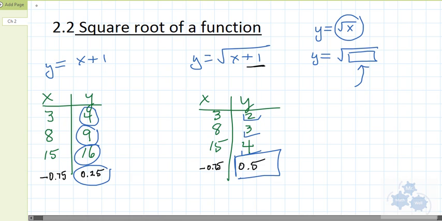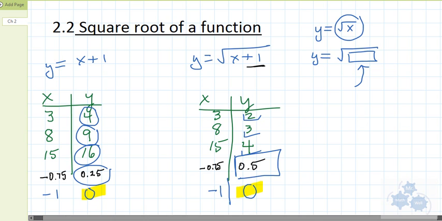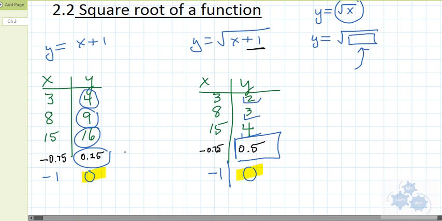Okay? All right. What about negative 1? Negative 1 plus 1 is 0. What about over here? Negative 1 plus 1 is 0. What's the square root of 0? 0. So that's another thing I want you to remember, that 0 is the same as its square root. This is stuff that we probably should have known from the other section, and maybe we did go over that.